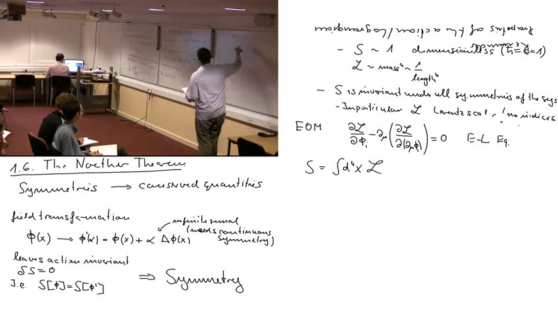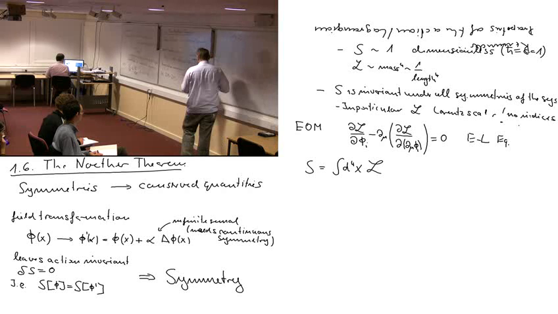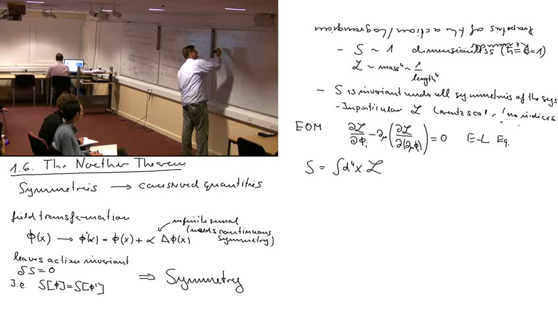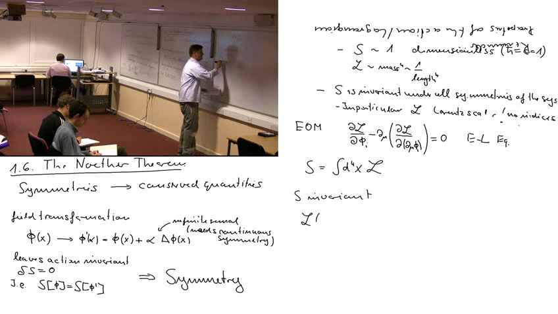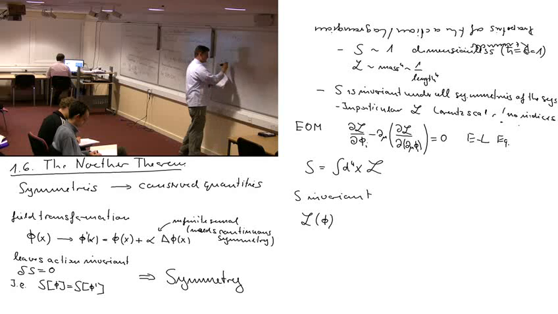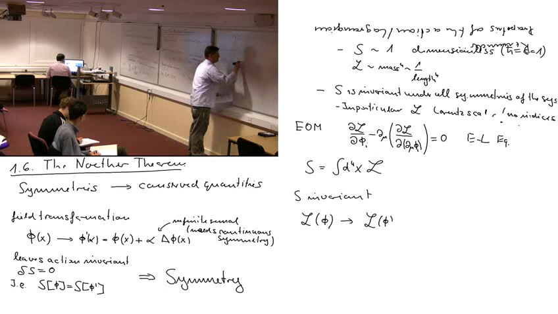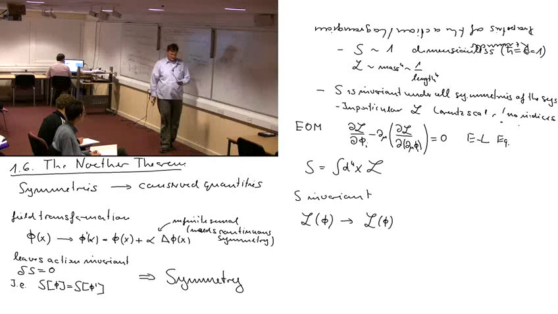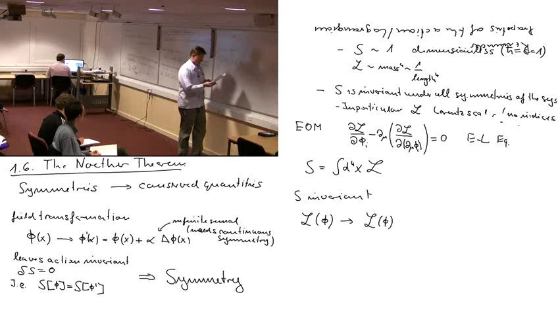There is one thing we can do, which we can add to the Lagrangian density, which still leaves the action invariant. Basically S is invariant if we take L of phi the same, so if the Lagrangian density is also invariant, then of course it's a symmetry.